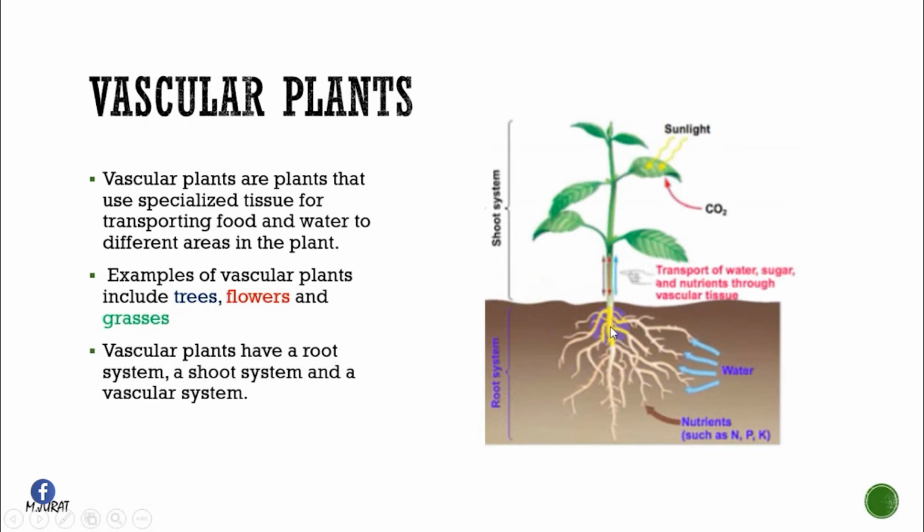They have a root system, which is their underground system by which nutrients such as nitrogen, phosphorus, potassium, and water can be absorbed. They have a shoot system, which is their second part. Stem and leaves are parts of the shoot system. With the help of the shoot system, the stem carries water and nutrients upward, and leaves do the photosynthesis process.